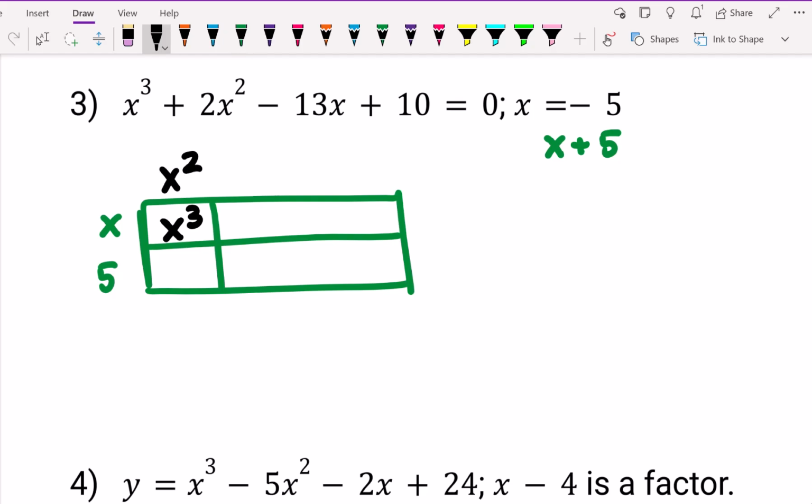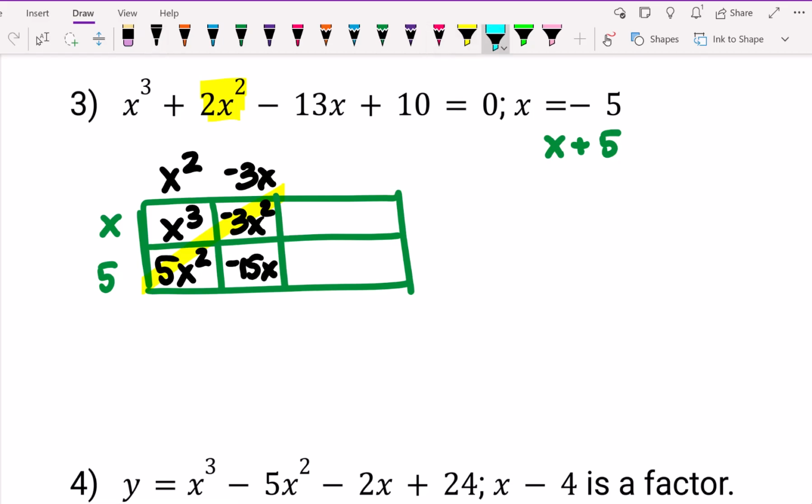So x times x squared is x to the third, multiply times 5, and then highlighter time, my diagonal has to add up to be 2x squared. So 5 and negative 3 makes positive 2. Work backwards. Multiply.